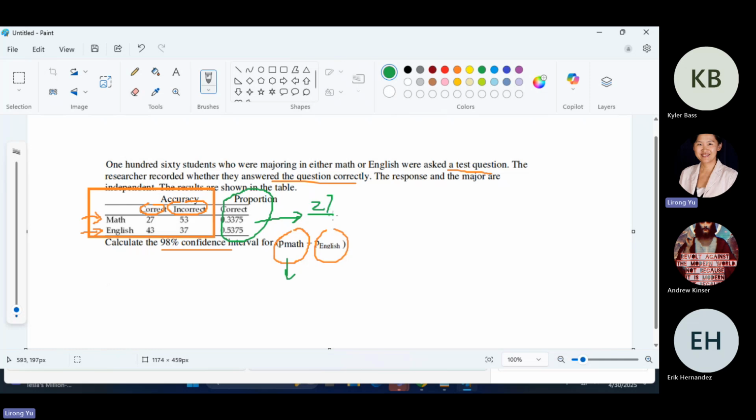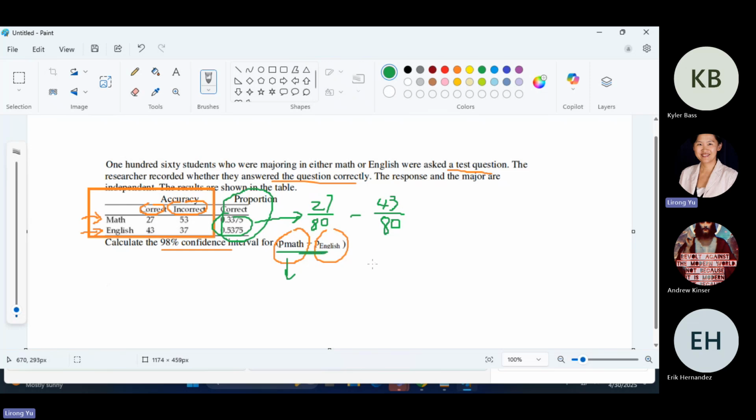So 27 over 80 is for the math major, and that's how you get 0.3375. And for the English major, it is 43 over 80. That's why you see a higher percentage. Then essentially we're subtracting these proportions. That's the point estimate for the difference in proportions.